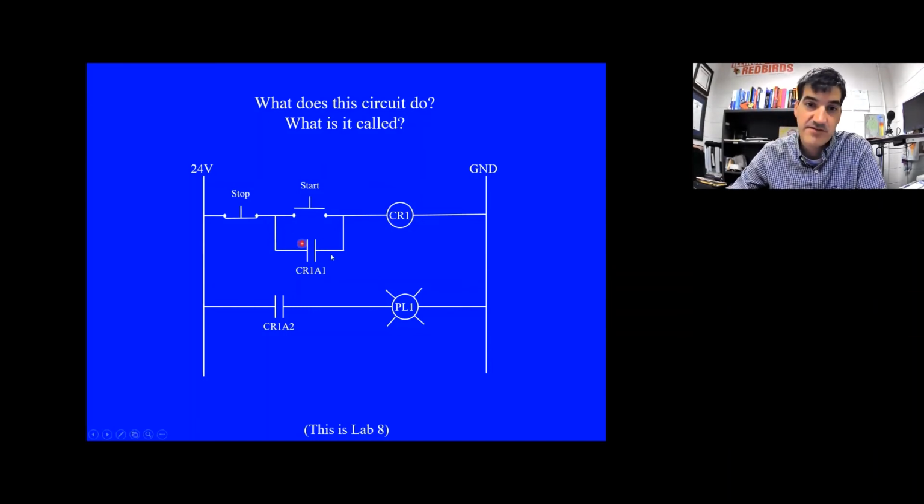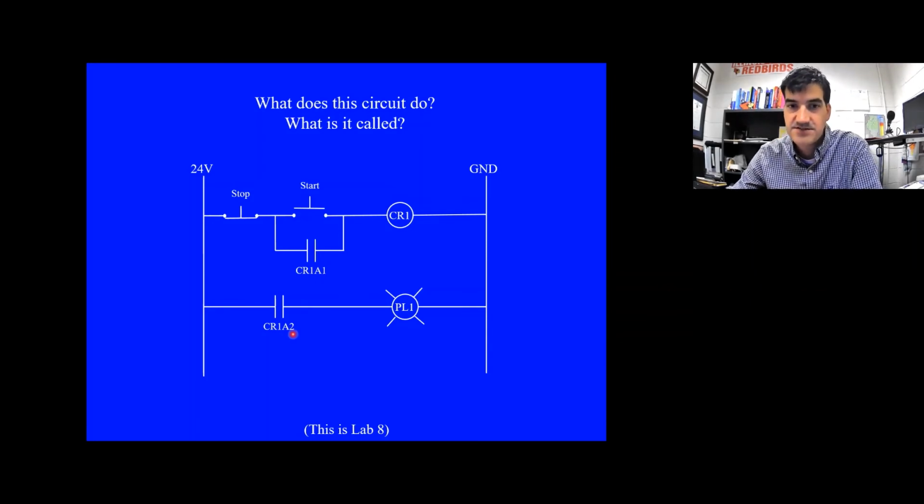Well, here we have a normally open contact associated with CR1. Same thing down here. So CR1A, that means it's a normally open contact associated with CR1. And this 1 right here means it is the first normally open contact associated with CR1. This 2 means it's the second normally open contact associated with CR1.